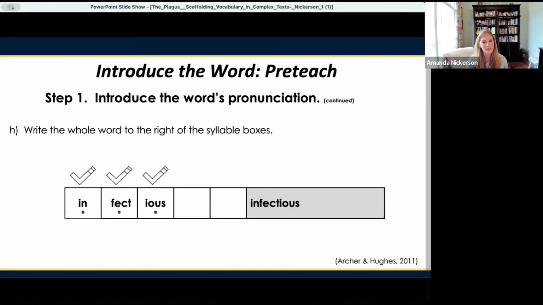It doesn't take a whole lot of extra time, and adding those syllable boxes doesn't change much of Anita Archer's original routine, but it does help you with those phoneme-grapheme correspondences. And if you look at a word like infectious, it helps you break apart those morphemes and those meaningful parts, which can also set the table for conversations around that later.